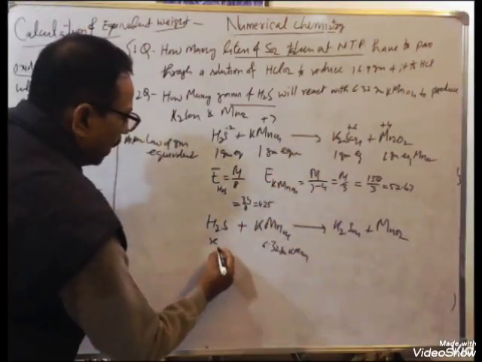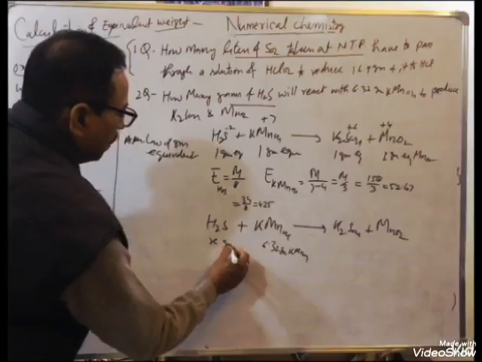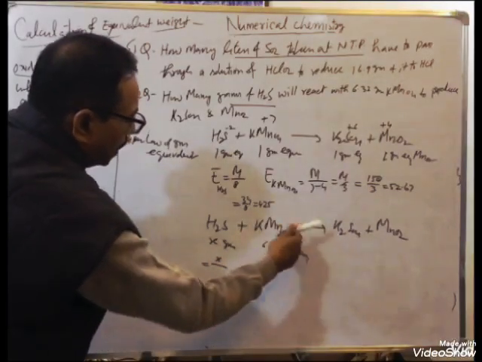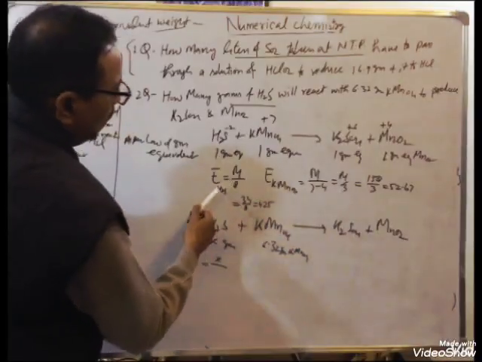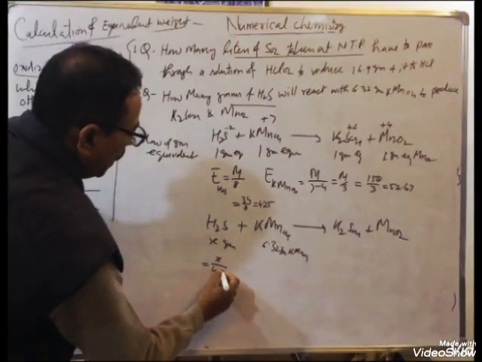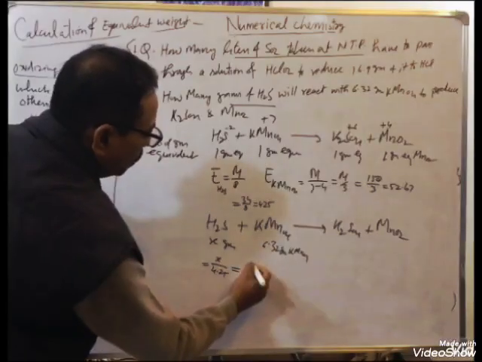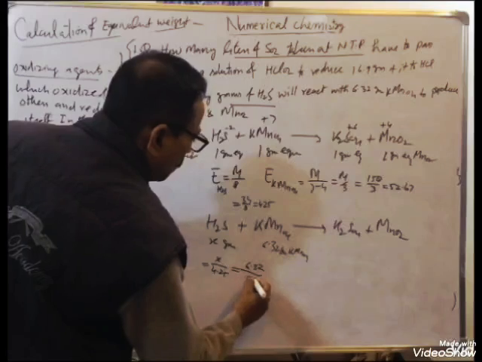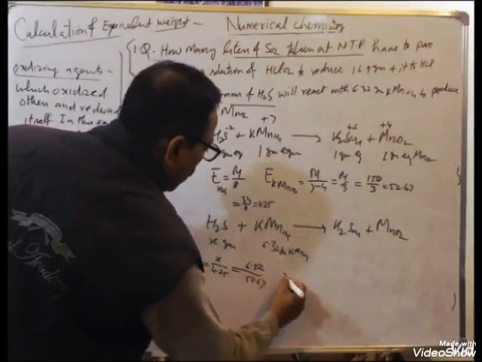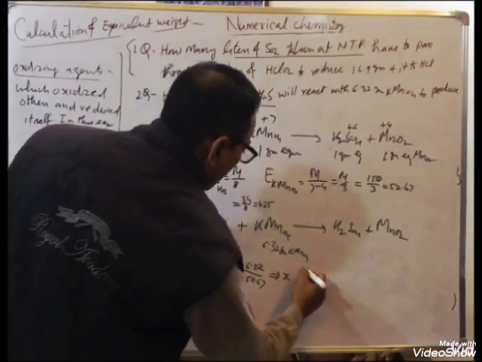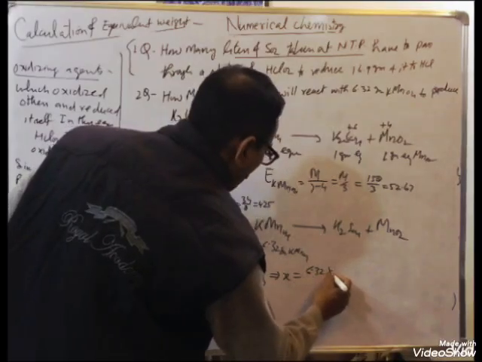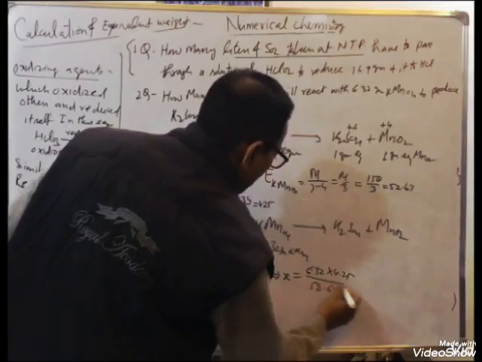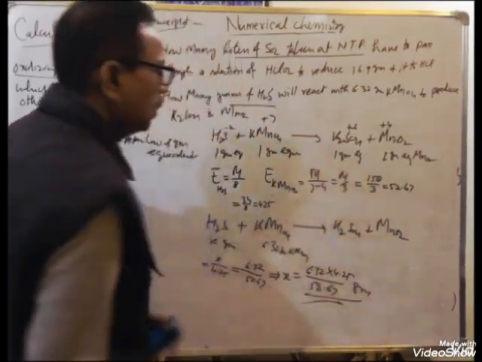So X divided by the equivalent weight of H2S, 4.25, equals 6.32 divided by the equivalent weight of KMnO4, 52.67. So the value of X will be 6.32 into 4.25 divided by 52.67 gram. This is the answer. You simplify it.